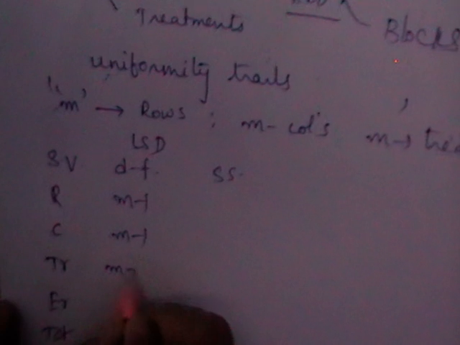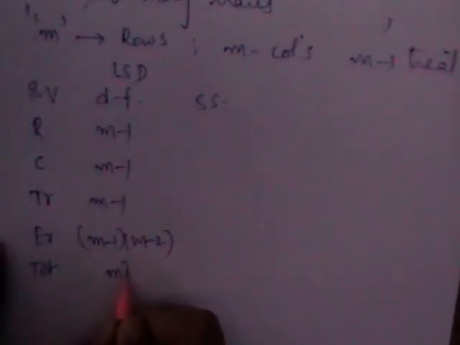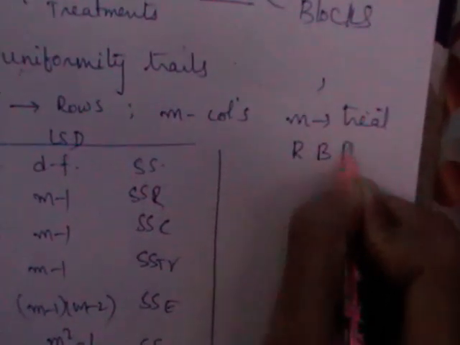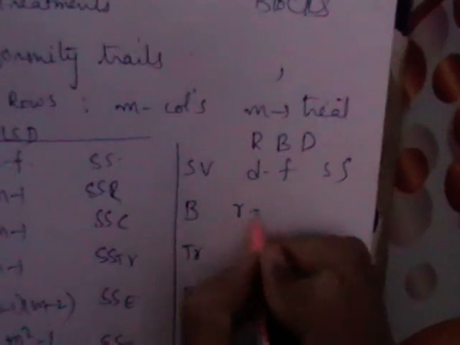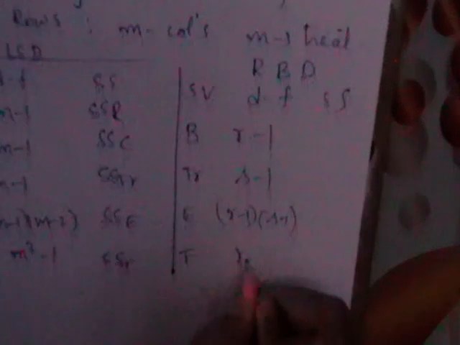Here you have M minus 1, M minus 1, M minus 1, M minus 1 into M minus 2, and M square minus 1 as the respective degrees of freedom. This is for LSD. For RBD, you have blocks, treatments, error and total. If there are R blocks and S treatments, you get R minus 1, S minus 1, R minus 1 into S minus 1, and RS minus 1.